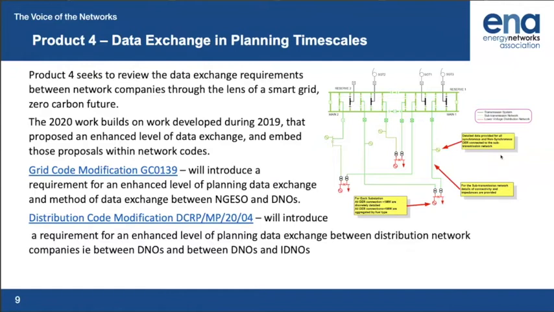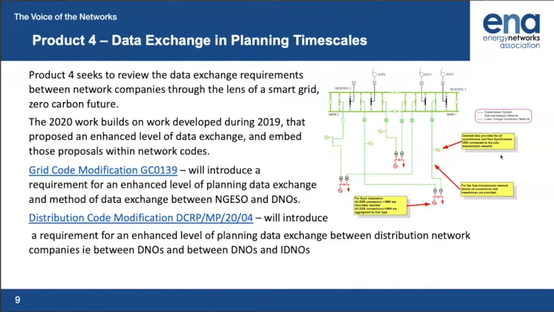And it's viewed that they don't really provide enough data exchange to allow us to develop an efficient network as we move into this brave new world of a smart, flexible network. So product 4 look at that data exchange and build on that to say what extra we need to do to make sure that we can plan more efficiently with some of the major issues in front of both transmission and distribution companies going forward.